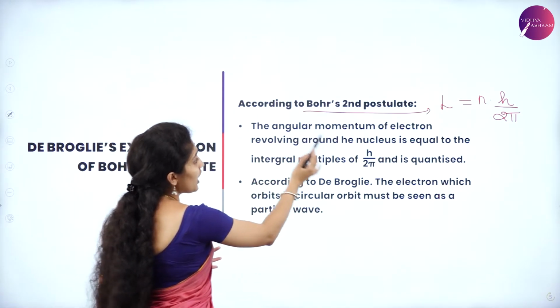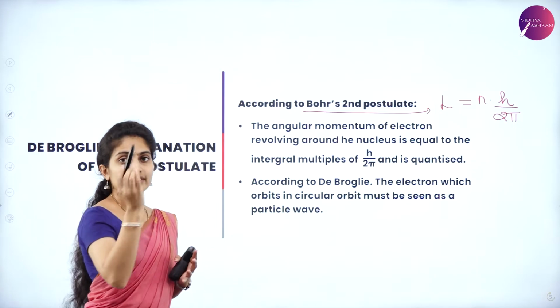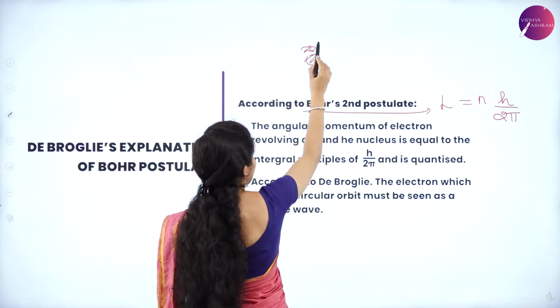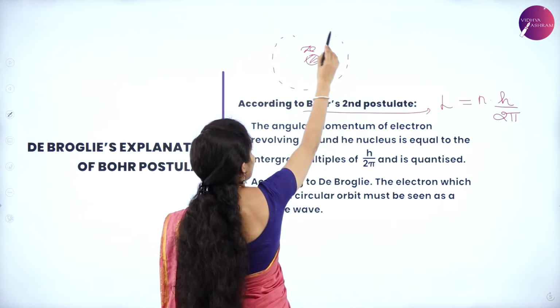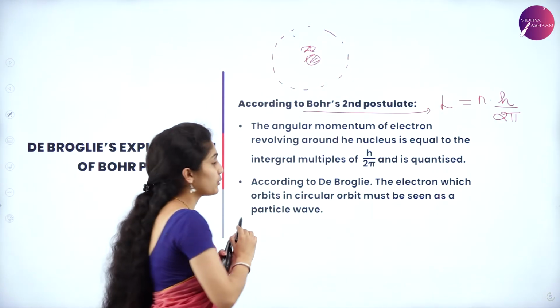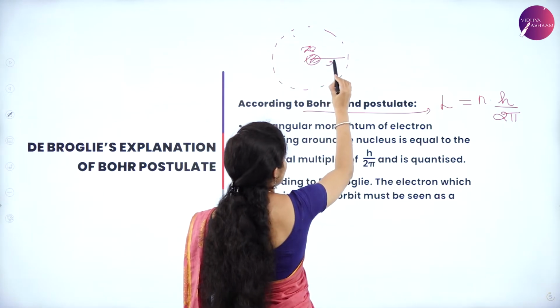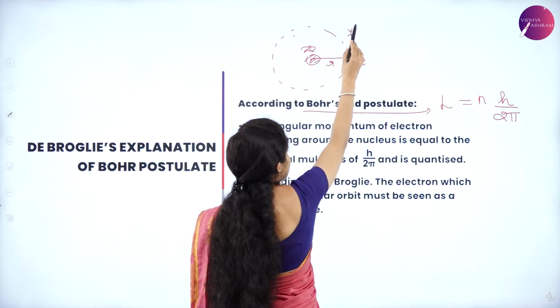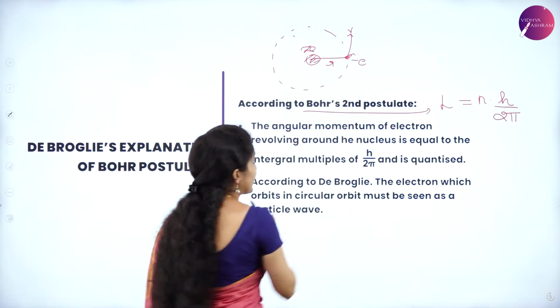So, consider the angular momentum of the electron. There is a nucleus with charge Ze, and the electron revolves around the nucleus in a circular orbit, at a distance r. The electron has charge minus e, moves with a certain velocity v, and its mass is m.